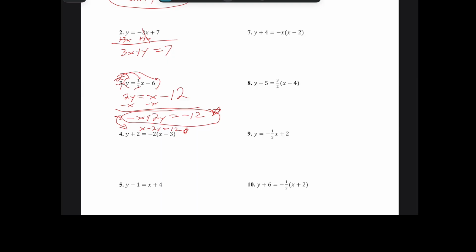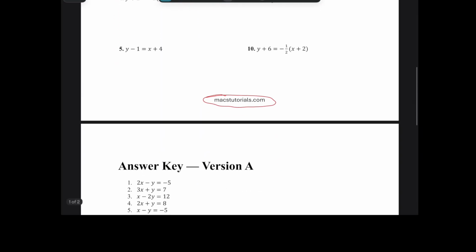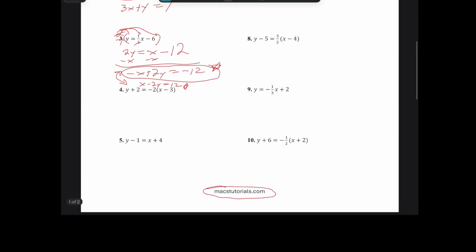Number 4, now when you have the parentheses in there for a point slope, you have to do the distributive property first. So here I'm going to get y plus 2 equals negative 2x plus 6. I just distributed the negative 2. Now I got to get everybody to the correct side, okay?